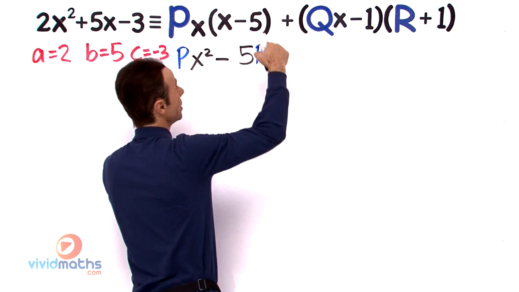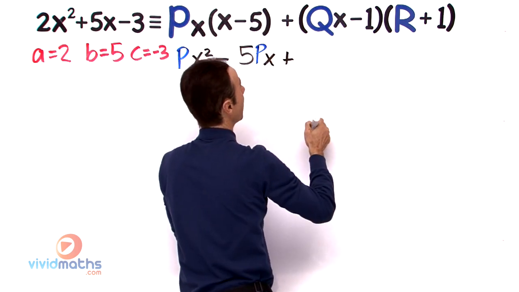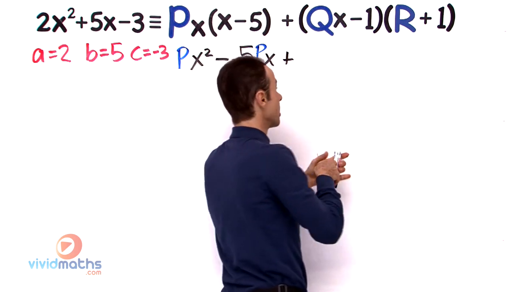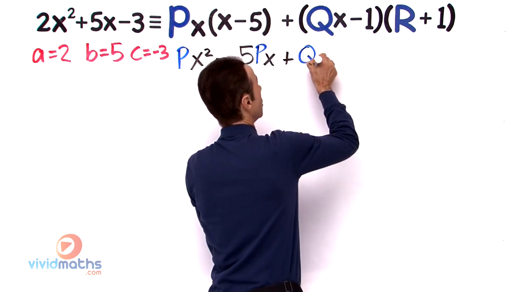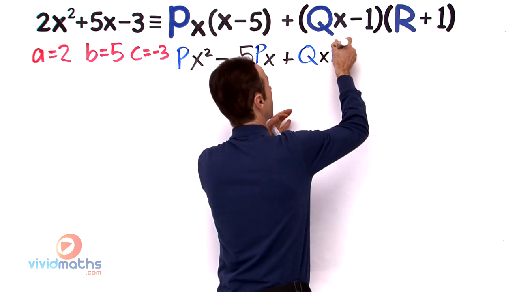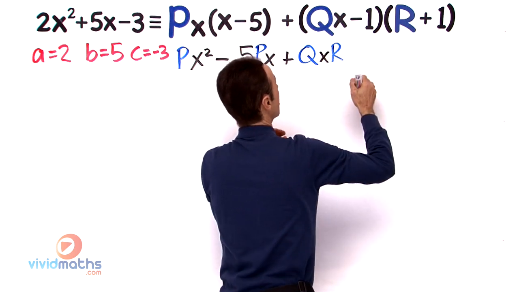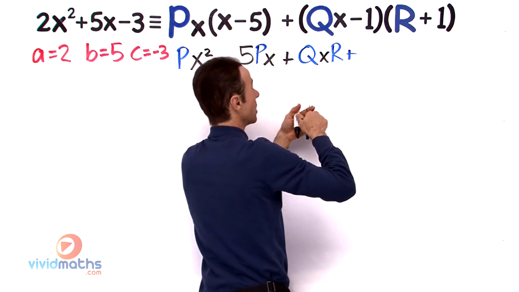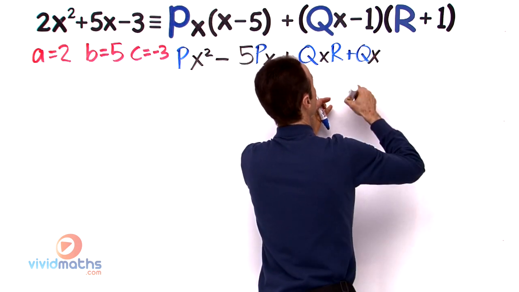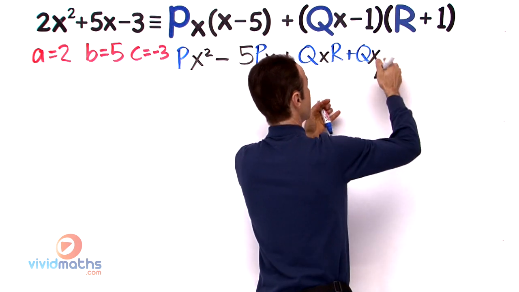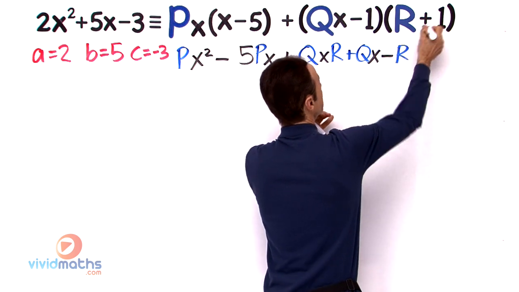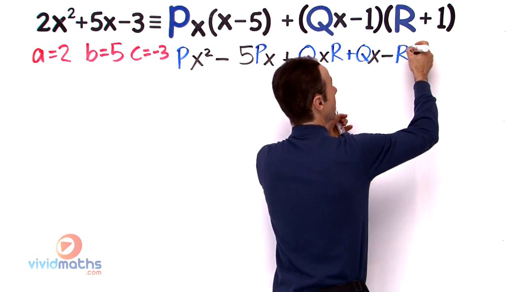Right, now let's expand this using the FOIL method: qx times r will be qxr, and then we have plus 1 qx, plus qx, minus r, minus times a positive is a minus 1.